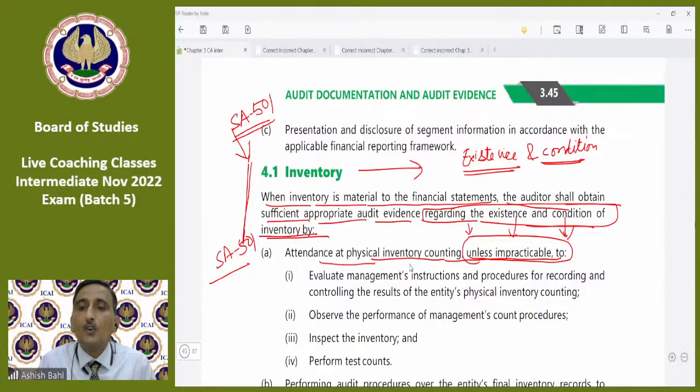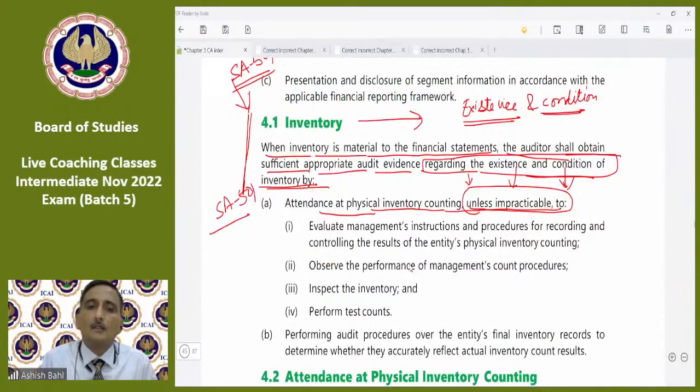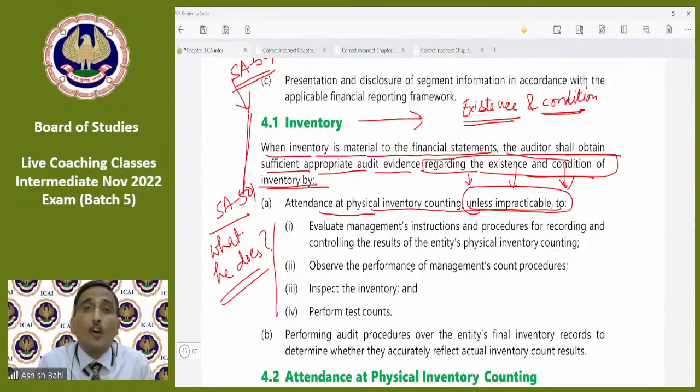So what does he do? What does the auditor do at physical inventory counting? First thing, he would be seeing what the instructions of management are regarding the physical counting process. What arrangement has the management made regarding the physical counting process?